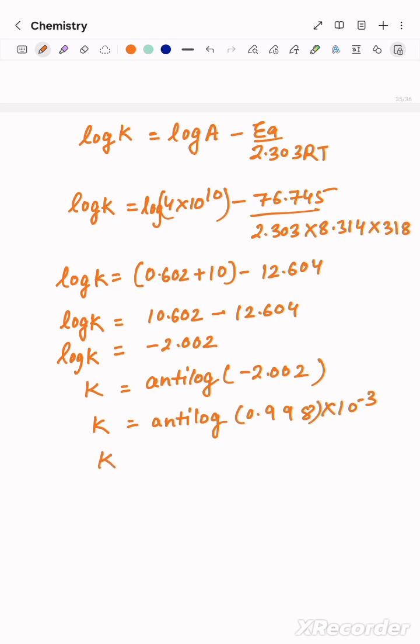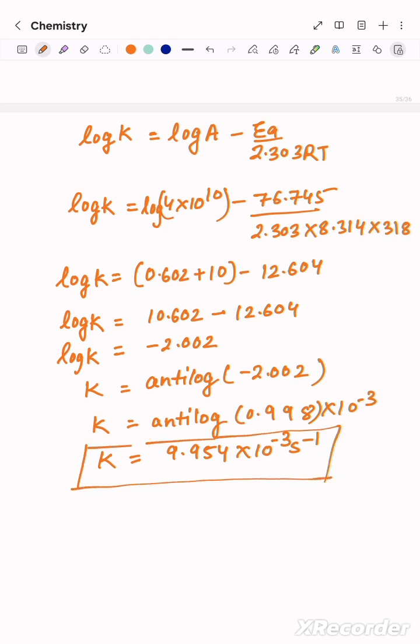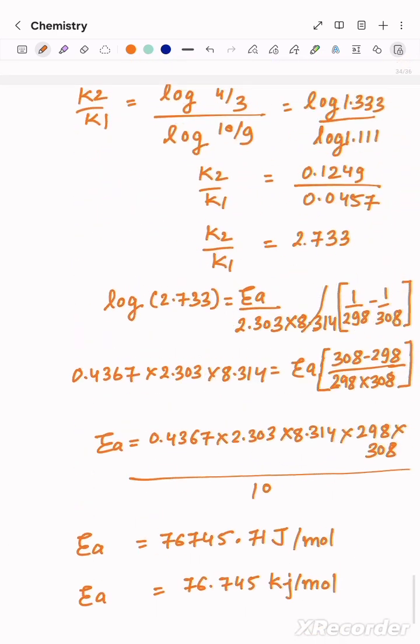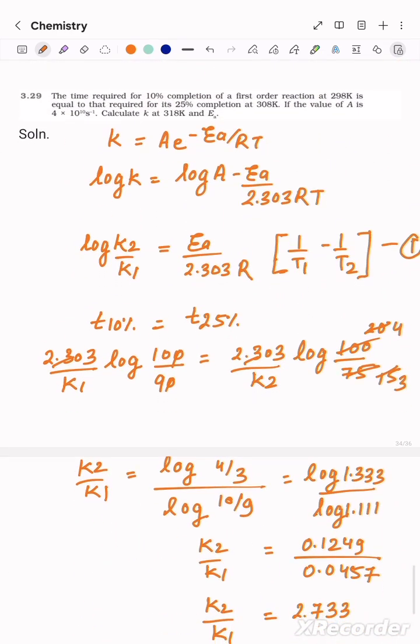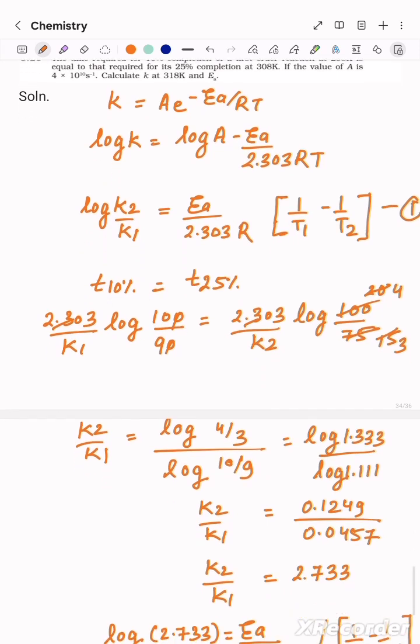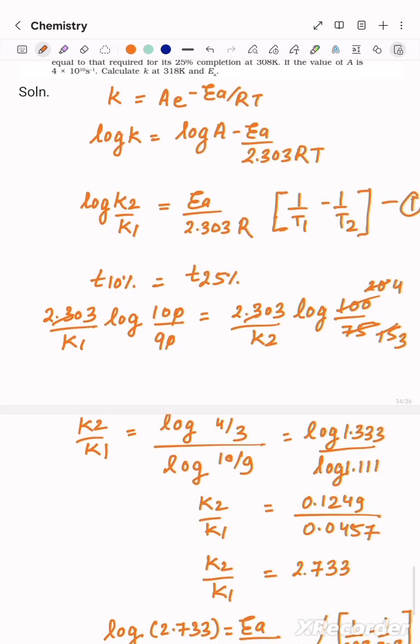So after calculating, it will become 9.954 multiplied by 10 to the power minus 3 per second. So this is the value of k of the equation at 318 Kelvin. So this is how you will calculate.